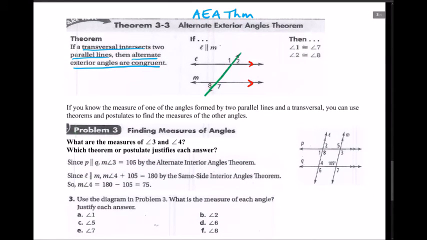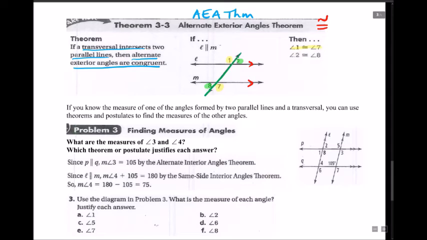So we did very good, right? We proved angle 1 is congruent to angle 7. And we have angle 2 and angle 8 are alternate exterior angles. So we are going to put congruent in red over here for our reference. And what does that let us do?